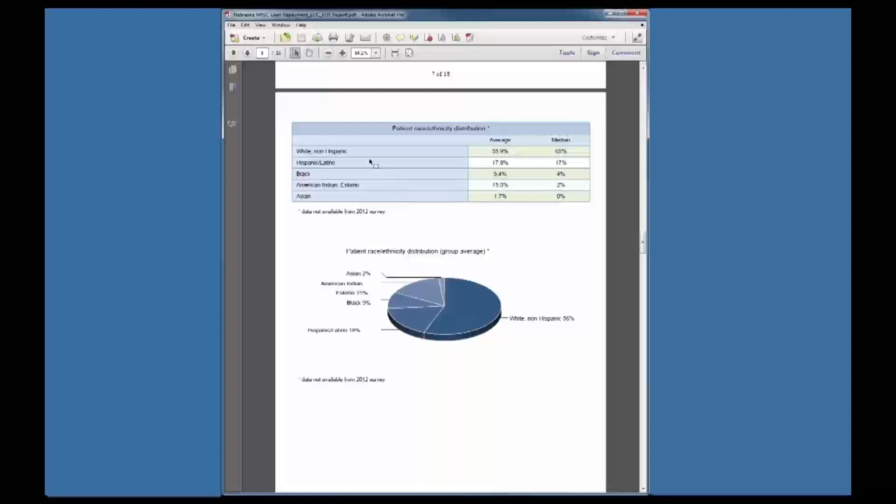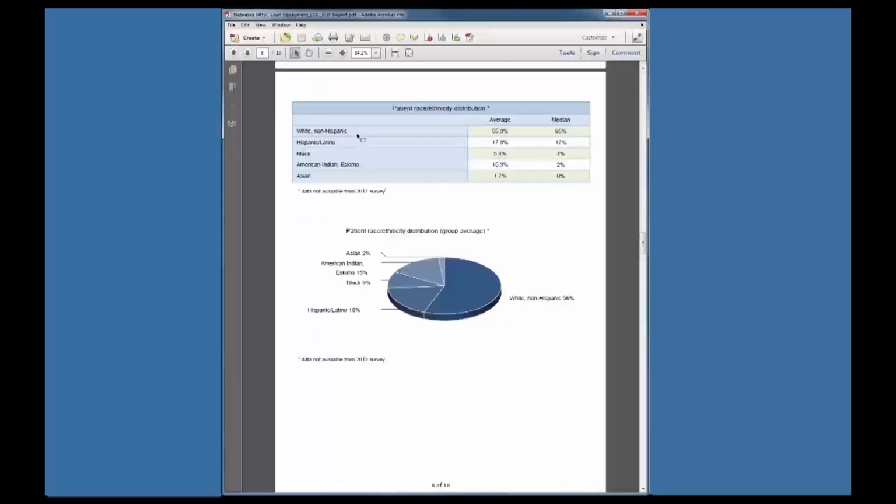Race ethnicity distribution does total to 100%. Again, the question is data not available back in 2012. You will see that we've asked the question a little differently for race ethnicity of patients rather than we asked of clinicians' own race ethnicity, in part because we figure people will have a harder time reporting how many, let's say, Hispanic African Americans they have among their patients.